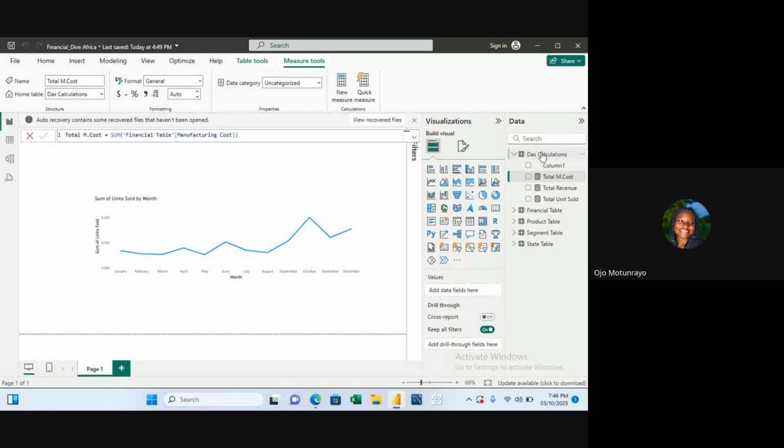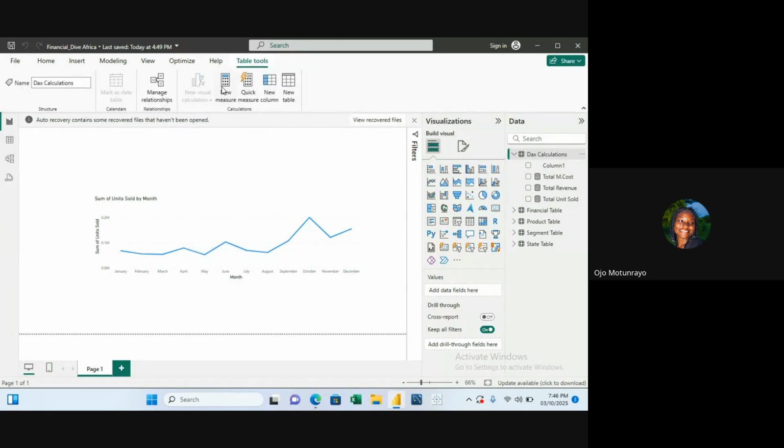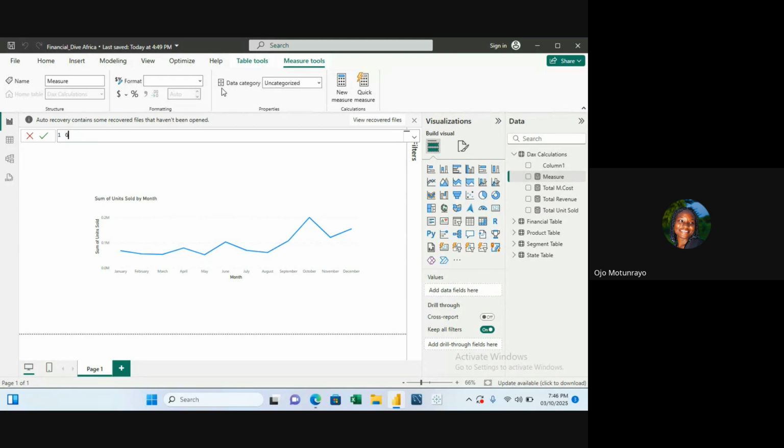So let's create another new measure. Gross profit equals to our revenue, that is the total revenue we created. Sorry, I went to click on what I was speaking.